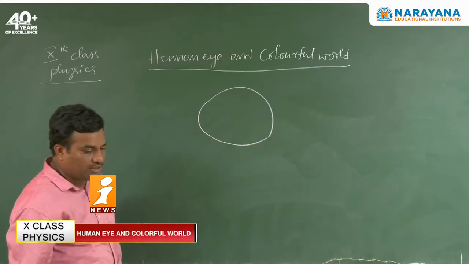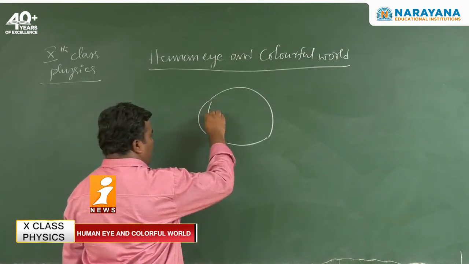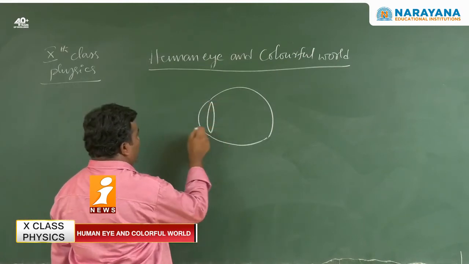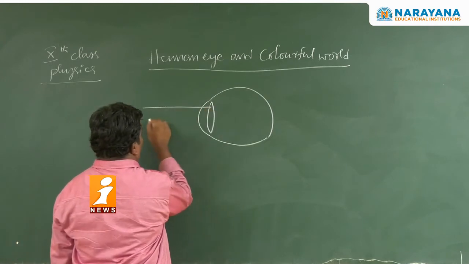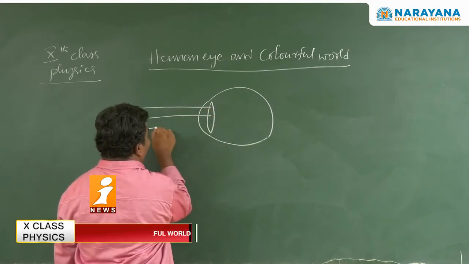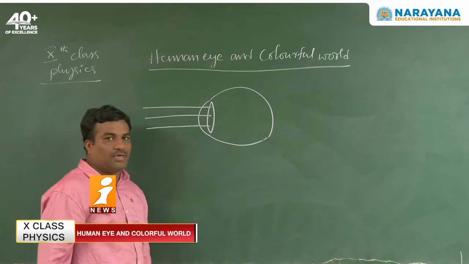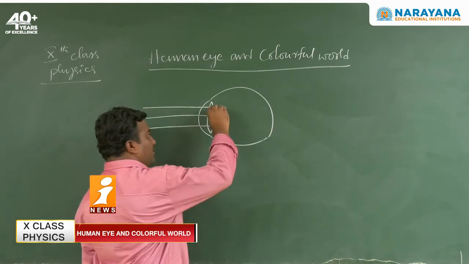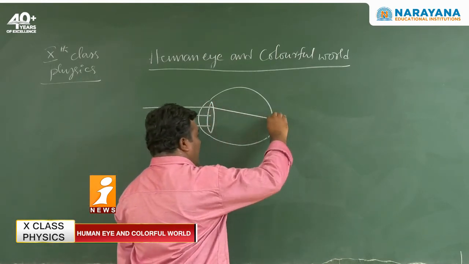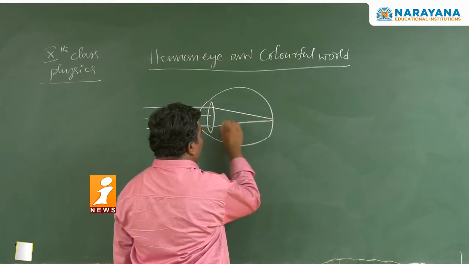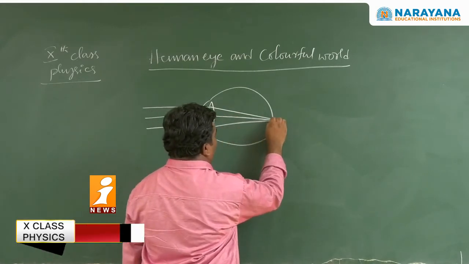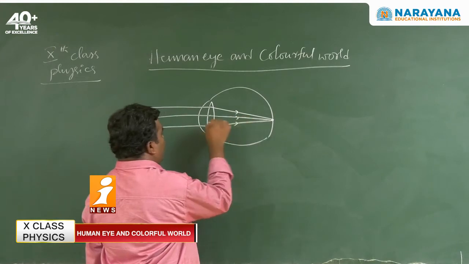Okay, long distance object placed. Here it is the eye lens. All the parallel rays fall on the eye lens. After refraction, we get a point image on the retina. Understood the point?